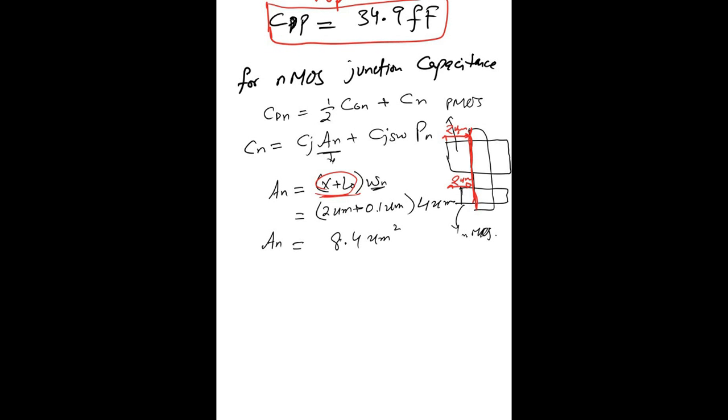Then we have to find the parameter of our NMOS. So the parameter formula would be P of N is equal to 2 into (X plus L naught, that is N) plus W of N. If we put the values here, if we sum these two together, it will be 2.1 micrometer, and plus we have W naught equal to 4 micrometer.